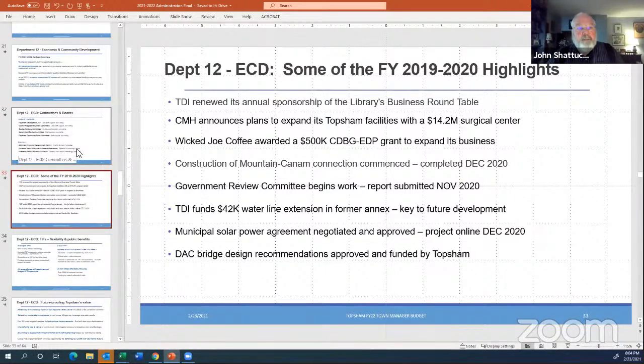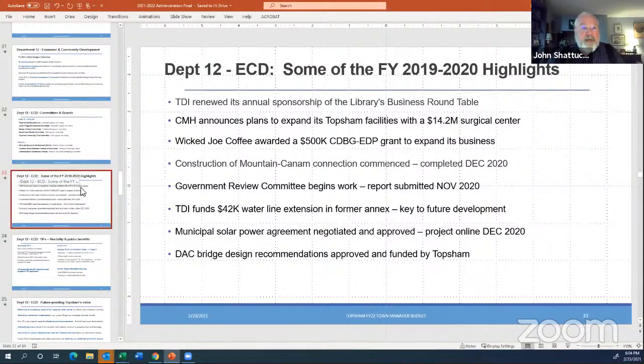This is just some of the highlights we've seen this year. Despite the rather odd year we had in fiscal 20, some good things have happened, and we still maintain a high level of interest. I fielded 2 calls just today from folks wanting to bring substantial projects to town.